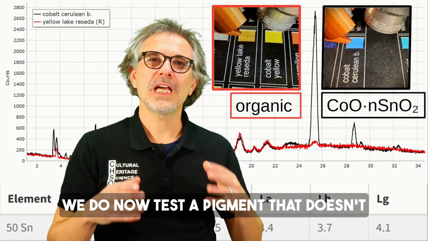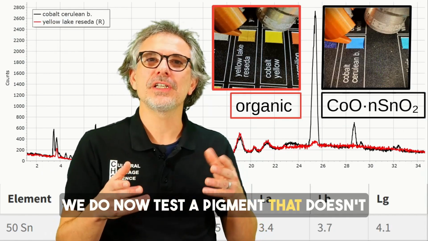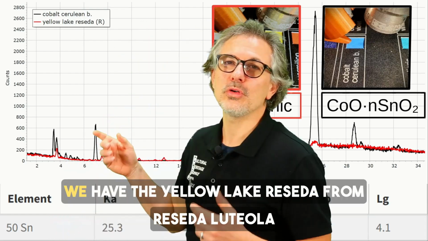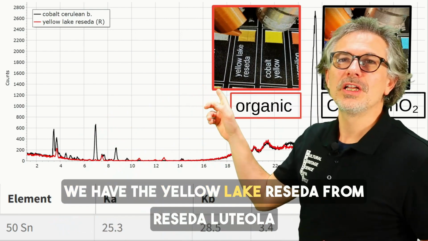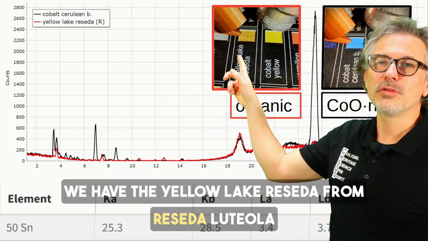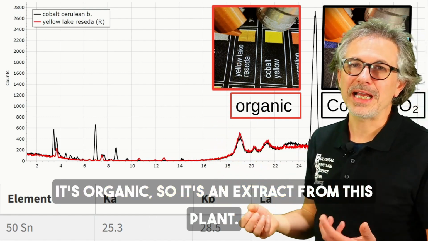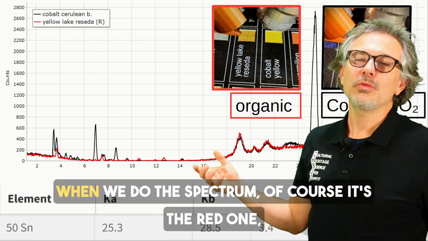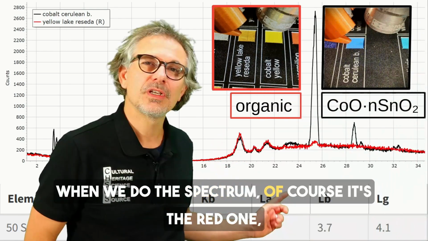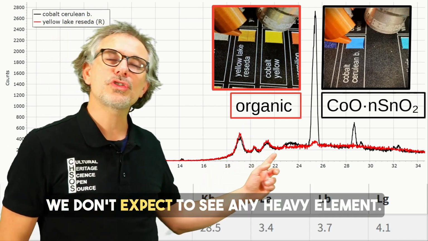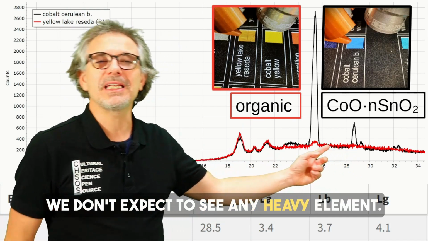We now test a pigment that doesn't have the name tin in its name. We have the yellow lake reseda, from Reseda luteola. It is organic, an extract from this plant. When we do the spectrum, so it's the red one, we don't expect to see any heavy element.